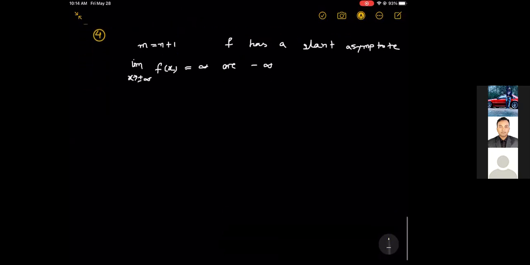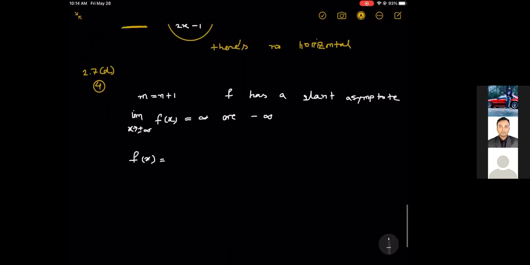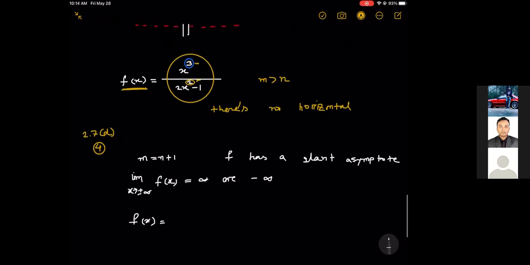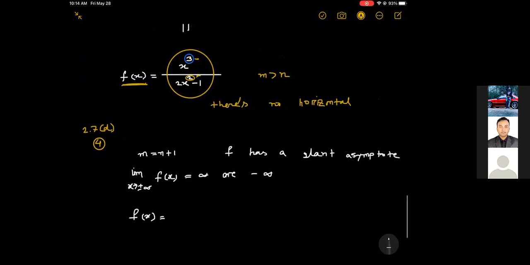Now let's see that. Let's say our function, I think we have already seen that. In this example, I think we can use this example. Since m is greater than n, we did say that we don't have any horizontal asymptotes.